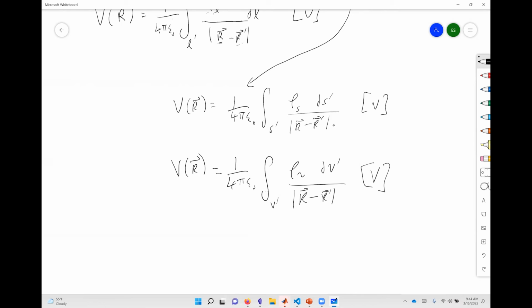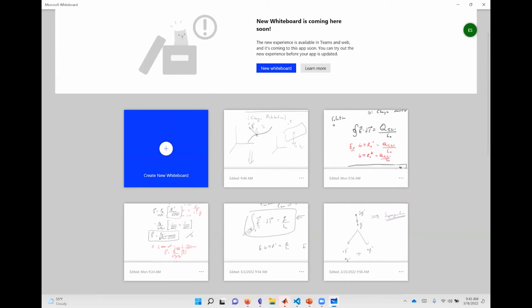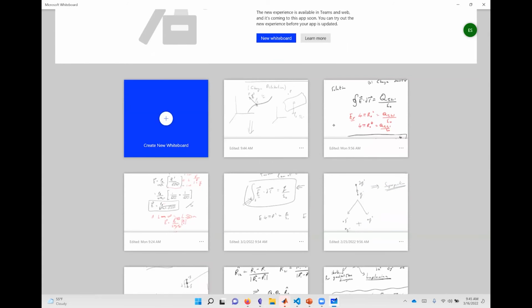I guess we could do, let me see. We could do an example that we did previously using Coulomb's law, which is the line segment. I think we did an infinite line segment, and then let me see where it is.